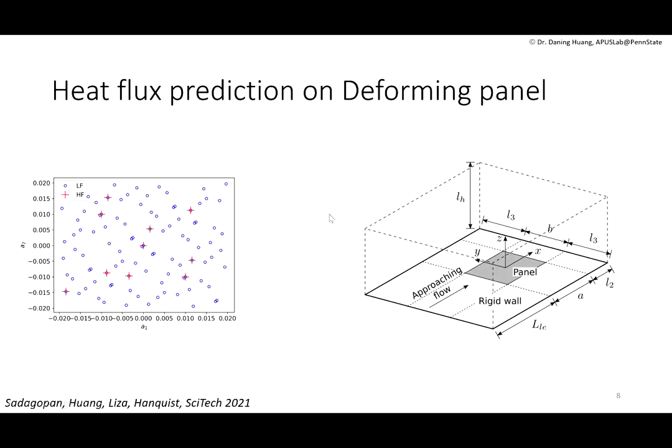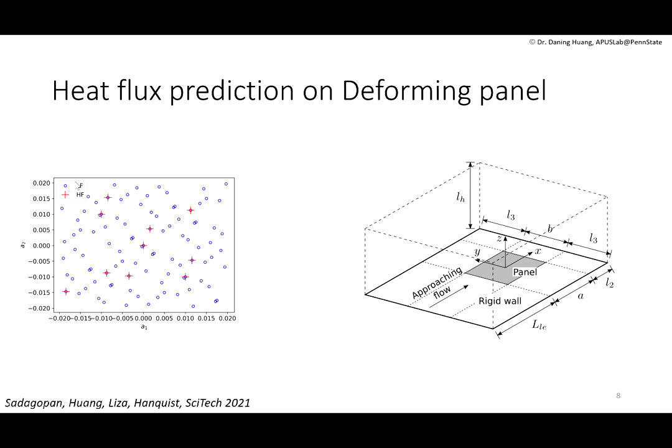And here's an example. We are trying to predict the heat flux on this panel, and this panel deforms in a sinusoidal form. And here are the inputs of our samples that we chose.